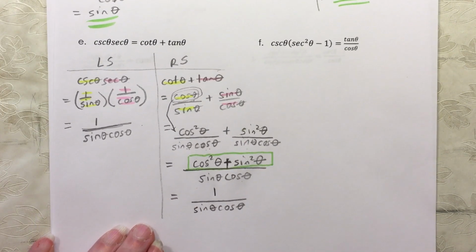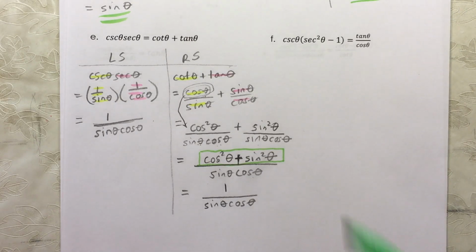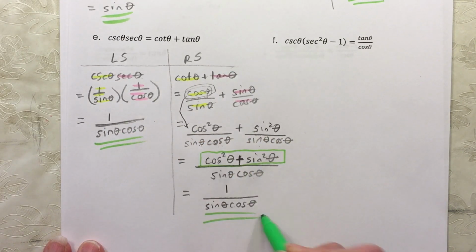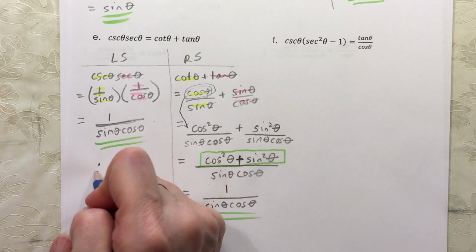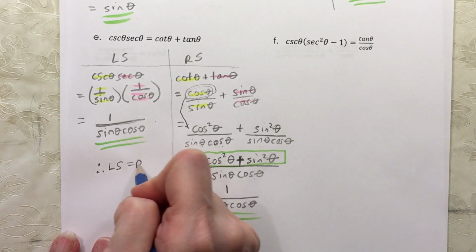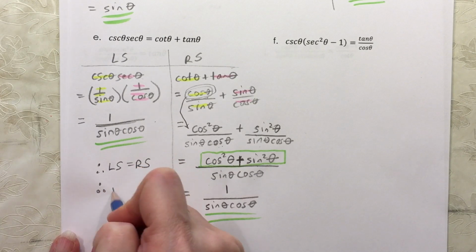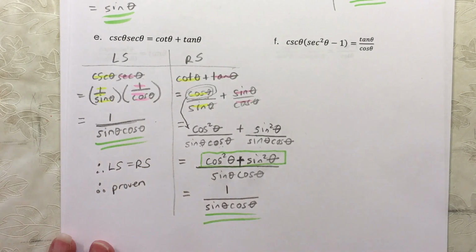And now we have shown that the left side and right side are equal. So therefore, the left side equals the right side. Therefore, proven.